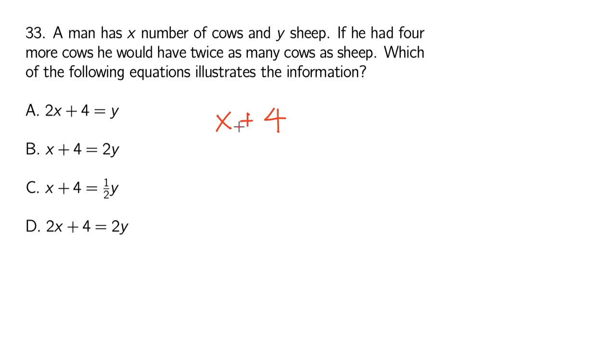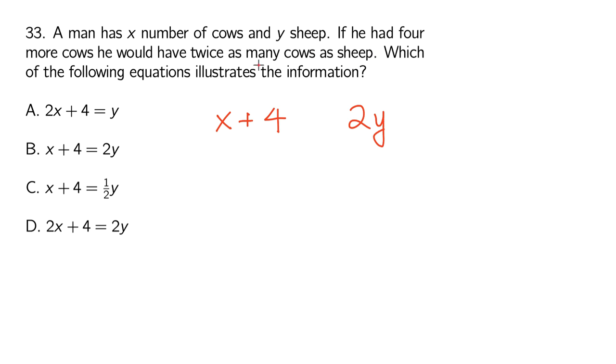And it says that if he had this X plus 4 cows, he would have twice as many as sheep. So twice as many sheep means 2y, because the number of sheep is y.